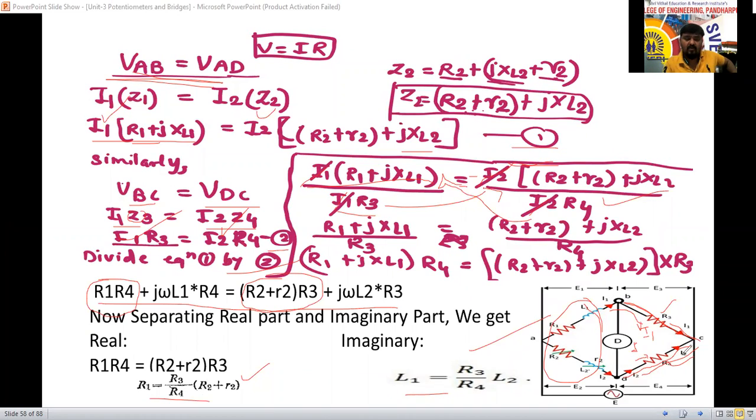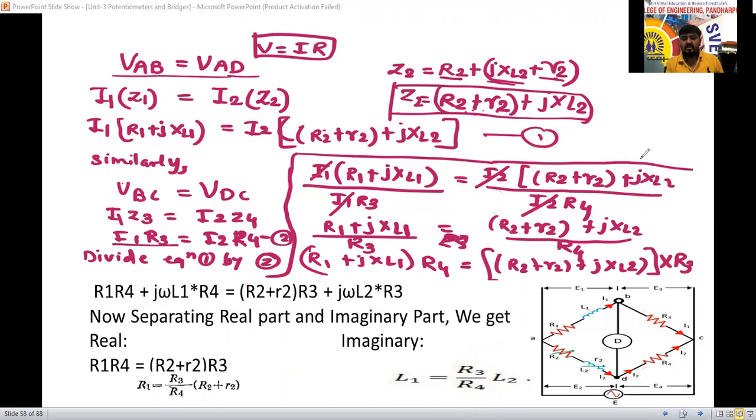So we got the R1 equation and the L1 equation, and R1 plus jXL1 is called Z1, the unknown part. Using the formula L1 equals R2 R3 L2 divided by R4, we can calculate the unknown inductance of the circuit.